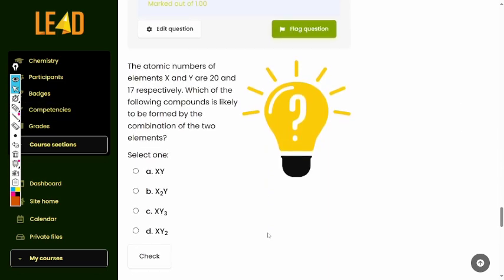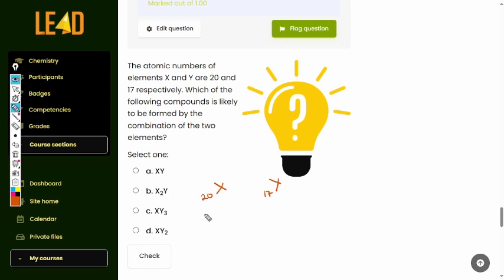Alright, 39. The atomic numbers of elements X and Y are 20 and 17 respectively. Which of the following compounds is likely to be formed by the combination of the 2 elements? So let's figure out what their combining powers are. X has an atomic number of 20 and Y has an atomic number of 17.